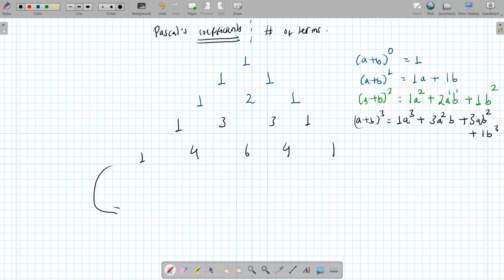Okay, what does this represent? It represents (a + b) to the power of 4. What will that be if we follow the same pattern? One a to the power of 4. What's next?